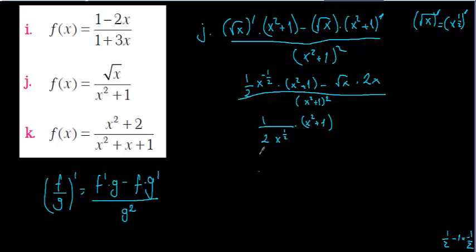Then it is equal to 1 over 2 x to the power of 1 over 2 times x squared plus 1 minus root of x times 2x, or 2 times root of x times x it will be. And the denominator is the same again, x squared plus 1 squared.